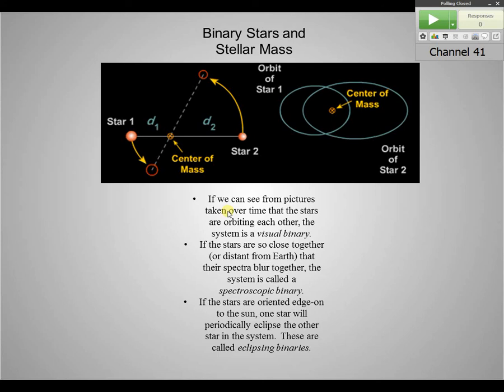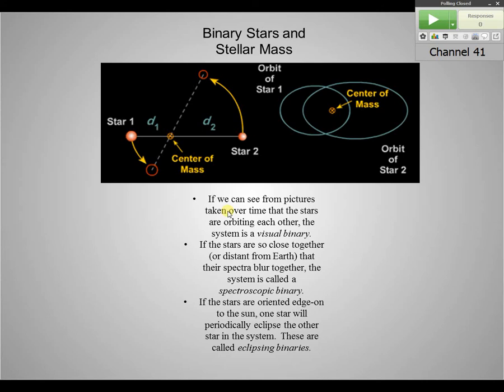And that would be the situation. This eclipsing binary is only going to occur if you happen to be looking at the star system edge on, right? So that's like this. And so at some point during the orbit, let's say that my knuckle here is one star, and then the other star is crossing in front of it.